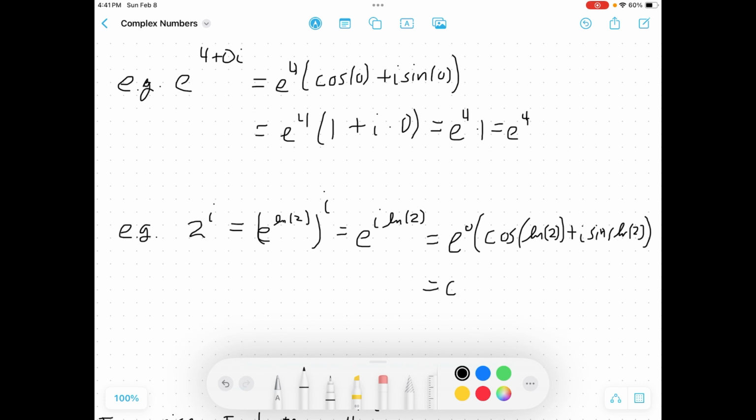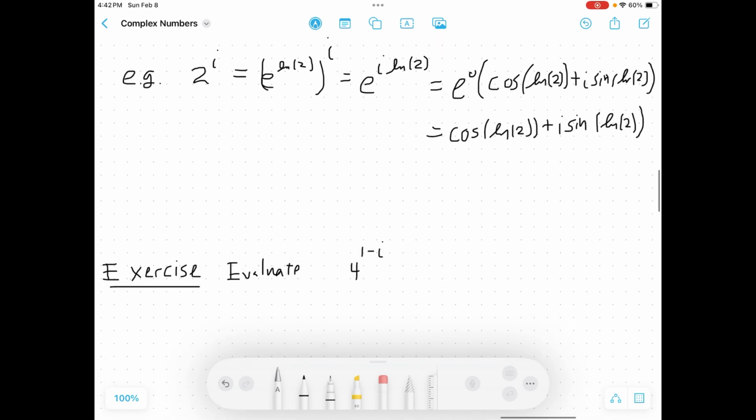We are back to our formula that we already described. Cosine of ln 2 plus i sine of ln 2. We've gotten it to a point where, even though these are unpleasant numbers, we have some sense of how to deal with them.